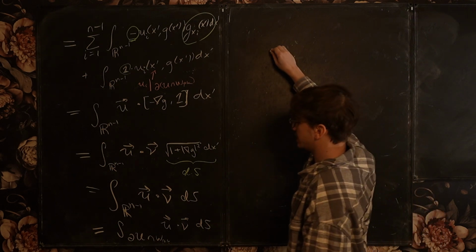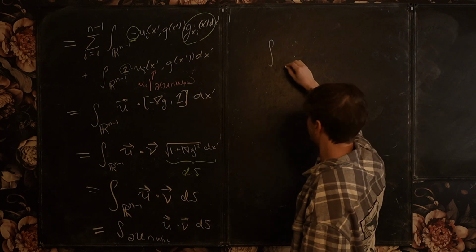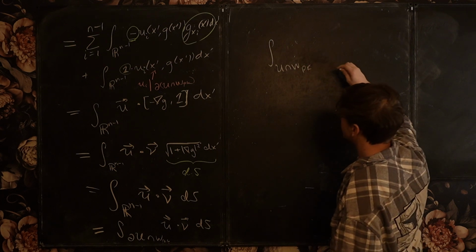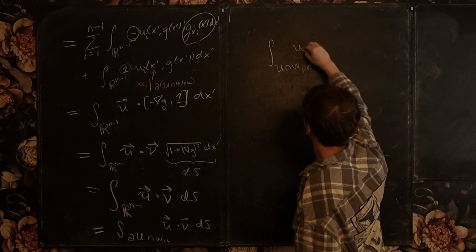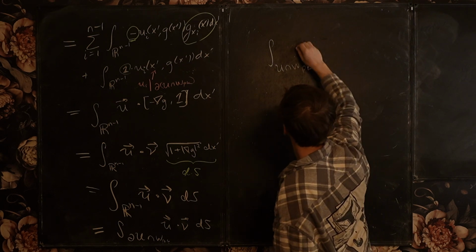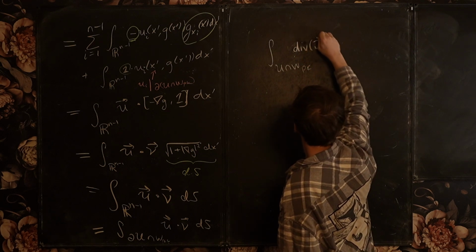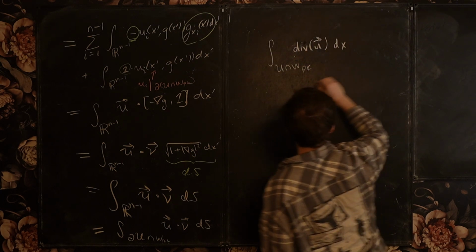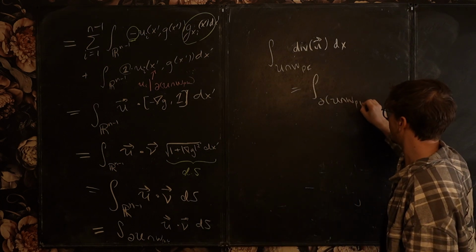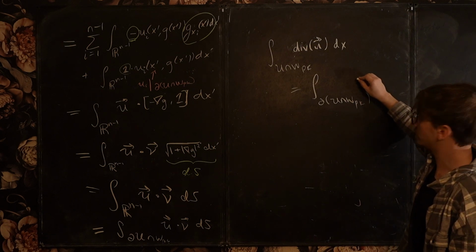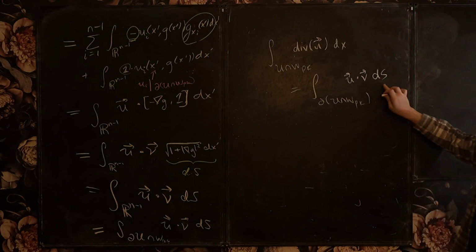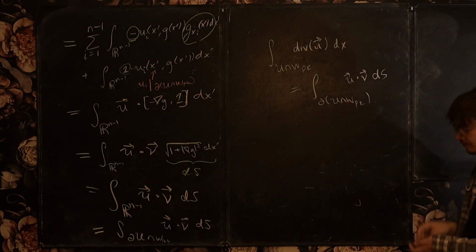And so what we've shown is that the integral over U intersect W_PK of the divergence of u dx is equal to the integral over the boundary of U intersect W_PK of u dot v dS, where v is the unit normal vector and dS is the area element of the boundary.